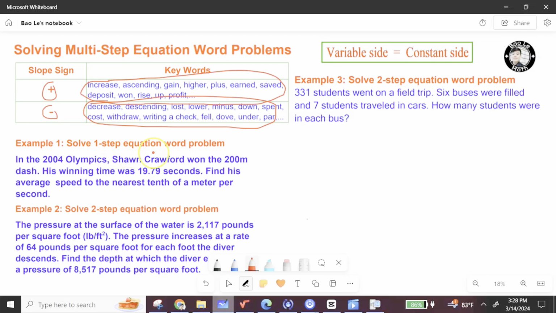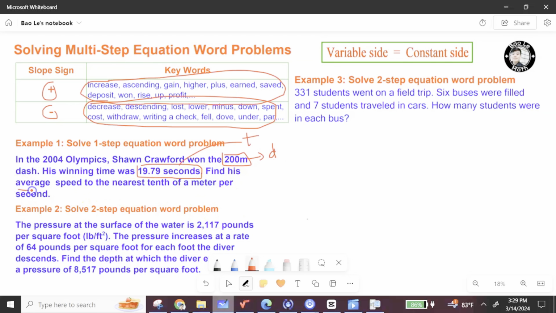Solve one-step equation work problem. In the 2004 Olympics, Shawn Crawford won the 200-meter dash. His winning time was 19.79 seconds. Alright, so this is T, time. 200, this is distance.